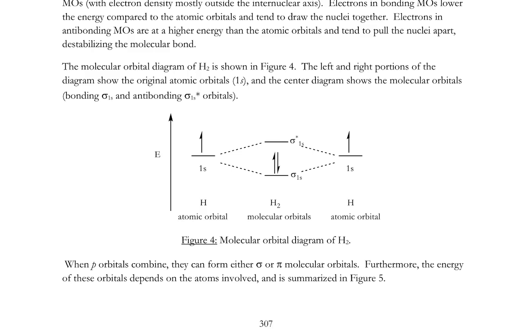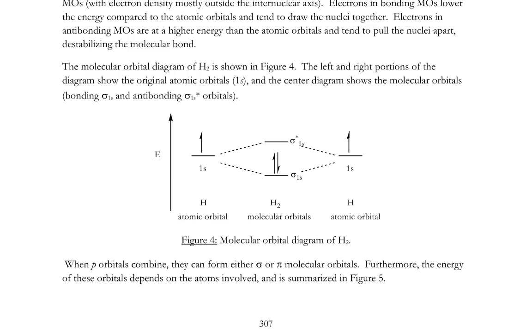The lower energy one, because energy is on the y-axis, is called the sigma 1s because it's made from 1s atomic orbitals. The higher energy one is called sigma 1s star, composed of also 1s atomic orbitals interacting in a non-favorable way.